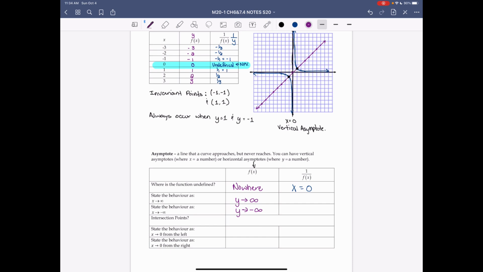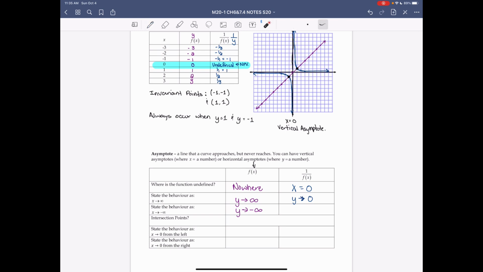Now let's look at that same thing for the reciprocal function. As we continue going this way with our x direction, what's happening with this curve? It is getting closer and closer to y equals 0. So as x is approaching infinity, y is approaching 0.